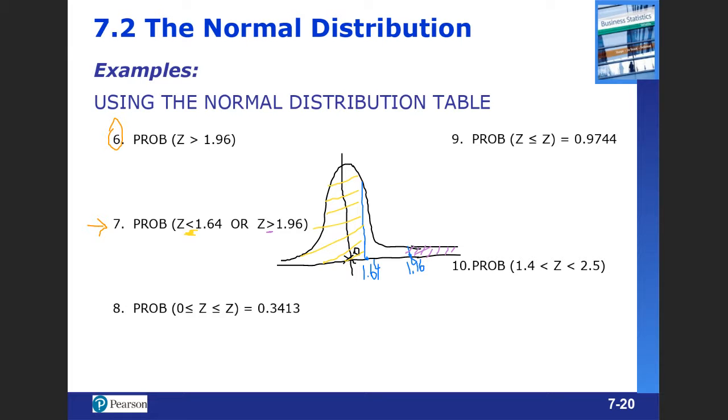Now I have to find my areas or my probabilities. Let's start with negative infinity up to 1.64, and then let's look up when z is 1.96.